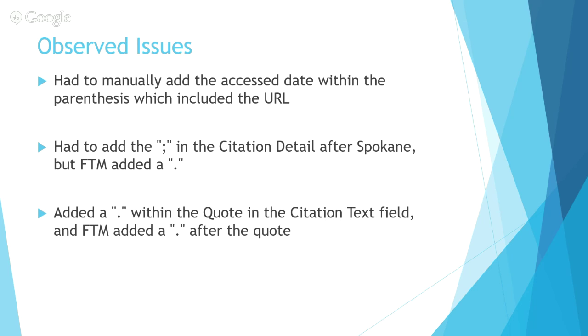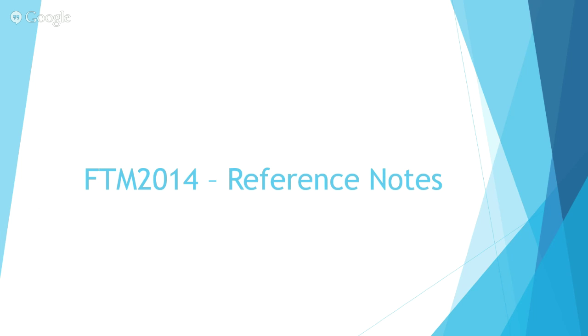I had to add a period within the quote in the citation text field. Family Tree Maker put it after the quote. I cannot control that. So that's my observations on how to generate a reference note with Family Tree Maker 2014.